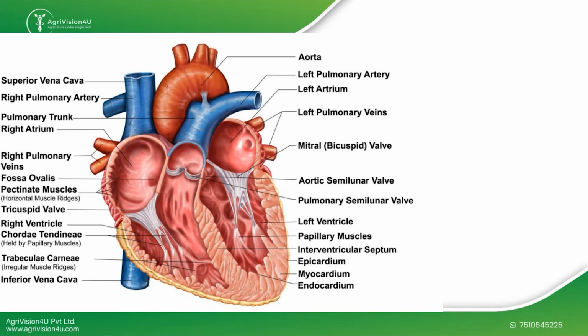The right and left atria are separated from one another by a fibrous septum, known as the interatrial septum. The right and left ventricles are separated from one another by the interventricular septum. So if the atria are separated, right and left, that is the interatrial septum, and if those are the ventricles, that is the interventricular septum.